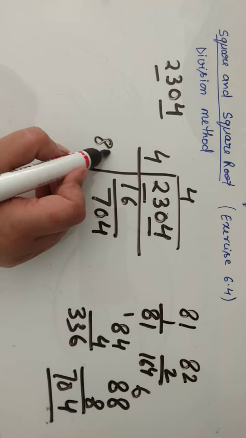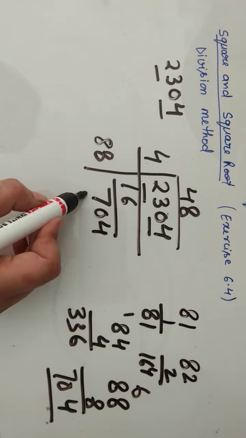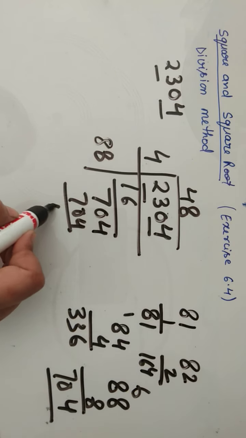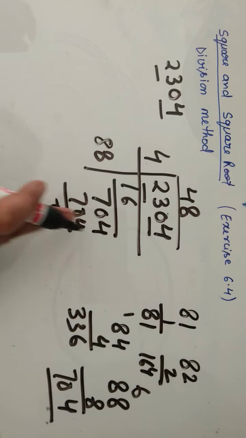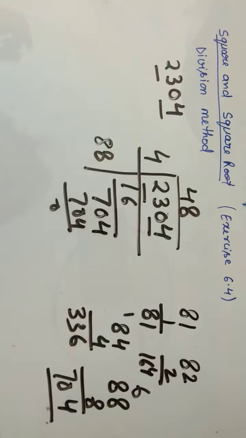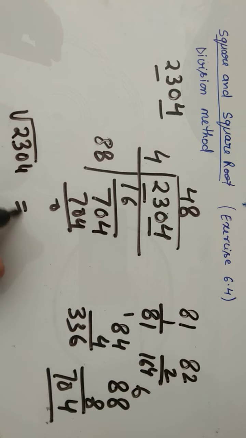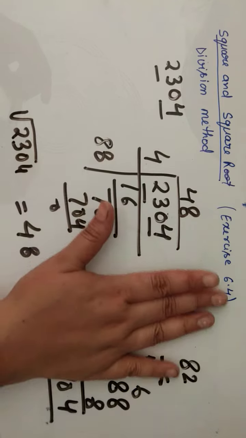So 8 8s are 704. We are getting 0 as the remainder. If we are getting 0, it means it is a perfect square, and we obtain the square root. So the square root of 2304 is 48. This all is our rough work only.